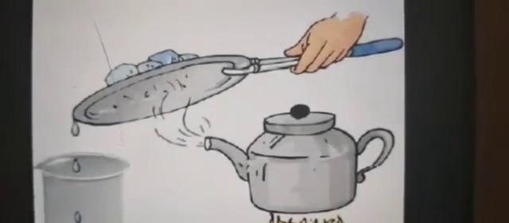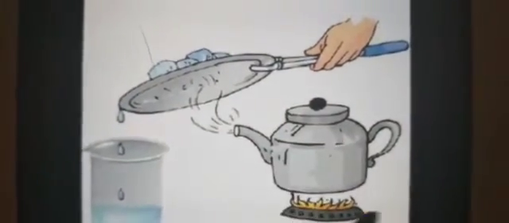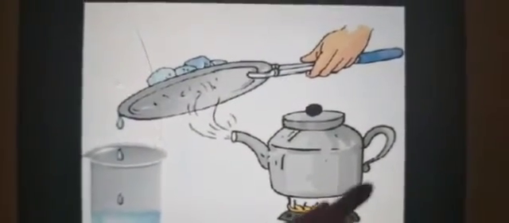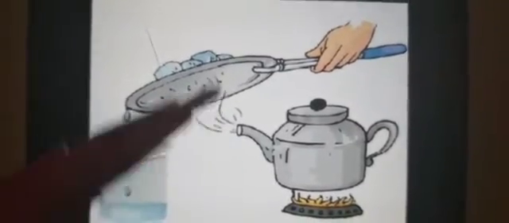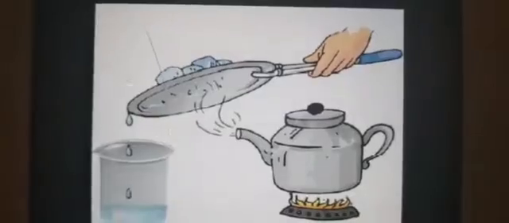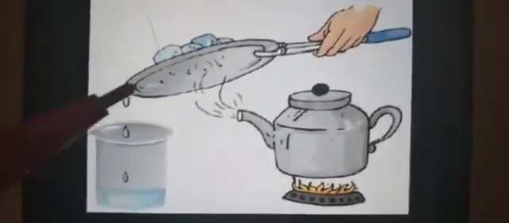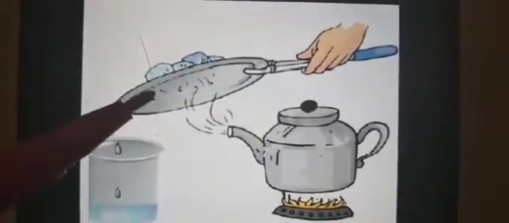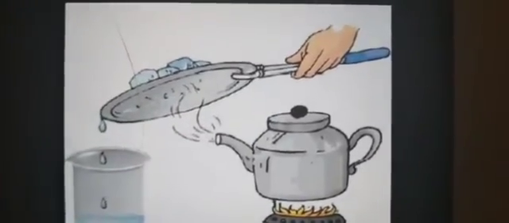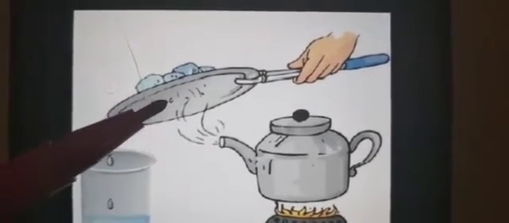Students, look at the picture. Here water is boiling in this flask. The hot water in the beaker evaporates into water vapors and rises up. When it touches the cooler base, it will cool down and condense to form tiny water droplets.